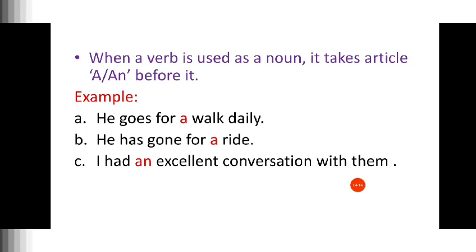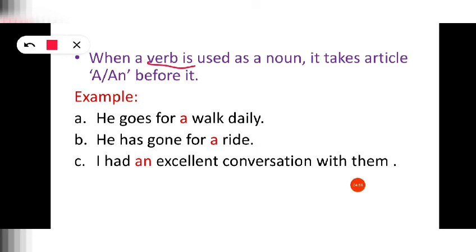And whenever a verb is used as a noun, like he was walking, walking here is a verb, but when we say he went for a walk, here walk is acting as a noun. So whenever a verb is acting as a noun, with the verb we are always using an article, either a or an. Remember, whatever acts as a noun, we always have to use an article before it. Okay, let's see how it goes.